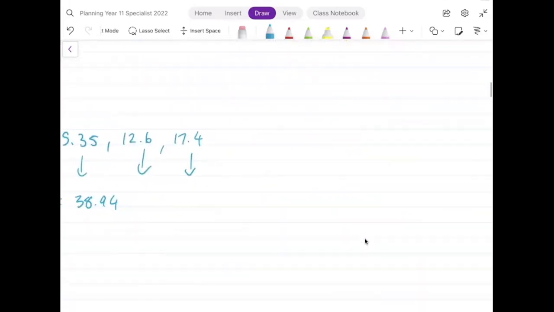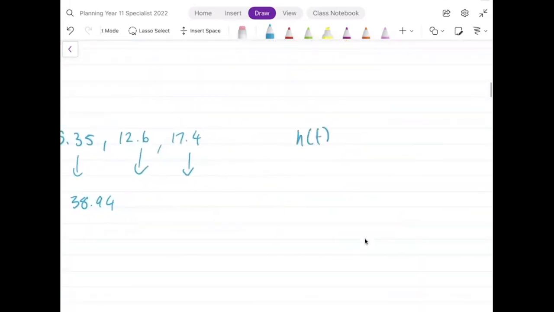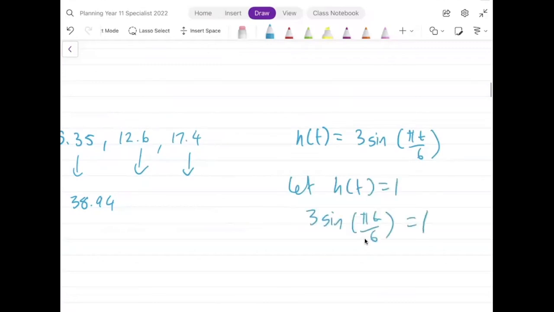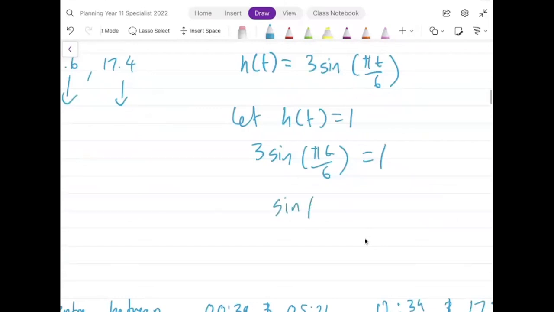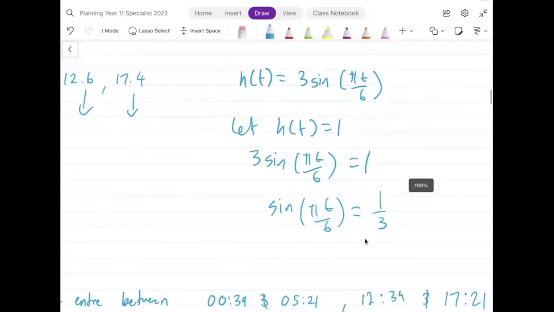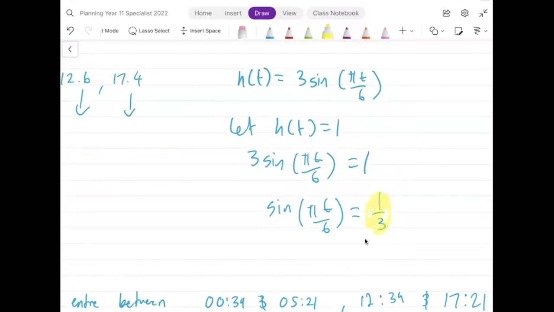If I establish my equation, if I do H(t) equals 3 sine pi t on 6, and I let my height equal 1, so I get 3 sine pi t on 6 equals 1. If I divide both sides by 3, I get sine pi t over 6 equals 1 over 3. Because I get 1 over 3, in this case, if I have a calculator, it's going to be tech active.